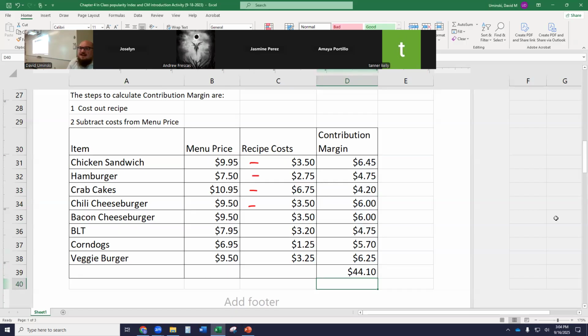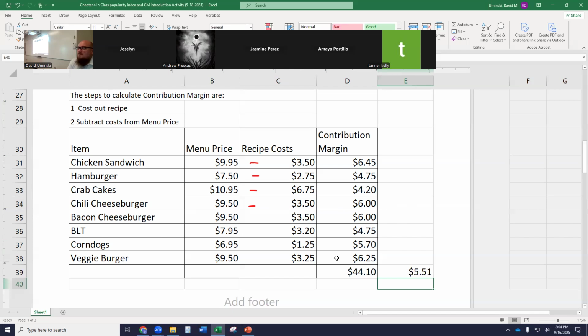And I'm going to divide by what? 8, the number of items I have, right? So I divide 44.10 by 8, and I get $5.51. $5.51 is my average contribution margin.